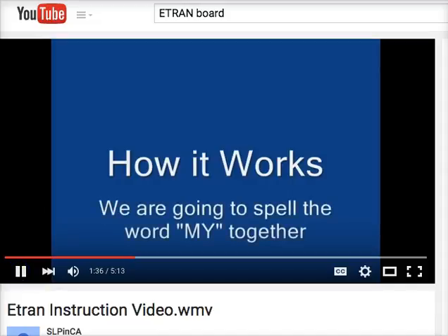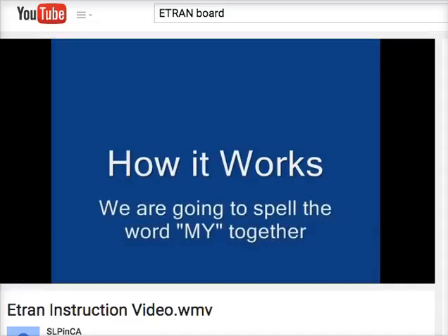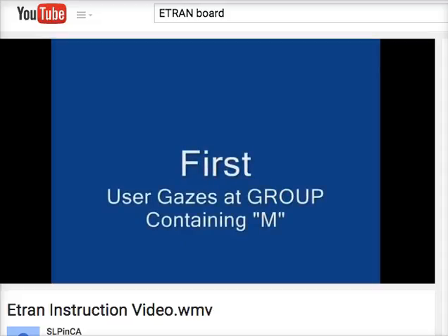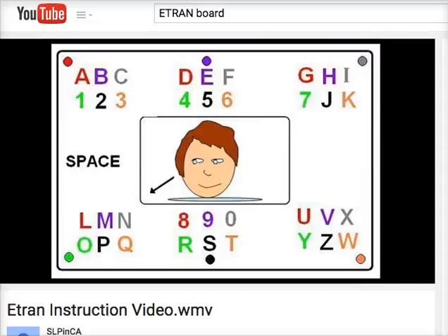Now, let's learn how an E-Tran board works. We are going to spell the word my together. First, the user gazes at the group containing the letter M. The partner watches the user's eyes and calls out the color of the group at which the user is gazing. The partner would call out green.